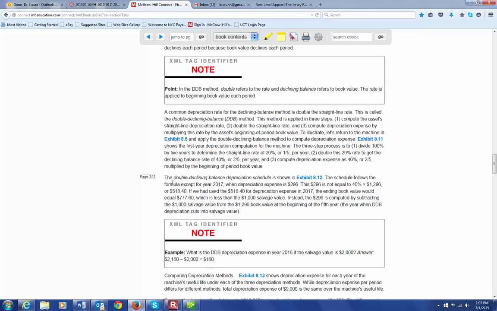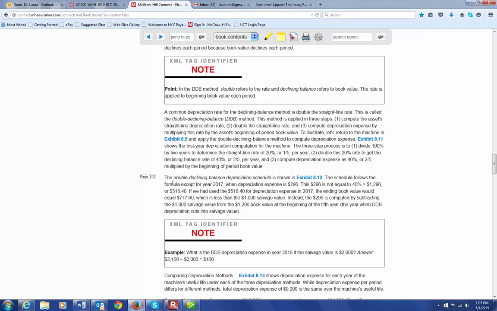So they show you how this would work itself out in Exhibit 8.12 for that particular machine. In the first year, you would have a $4,000 depreciation, since you started with $10,000. So that brings the book value down to 6. So in the second year, if you do 40%, 40% of 6,000 would be 2,400.